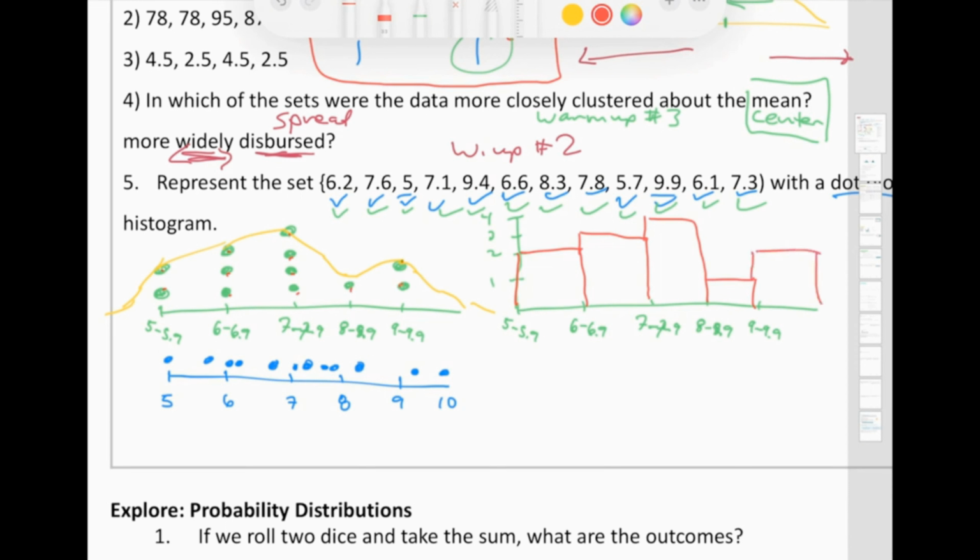I want to show you guys this. This is really cool magic. Let's see if I can get it. I think I was able to grab it.